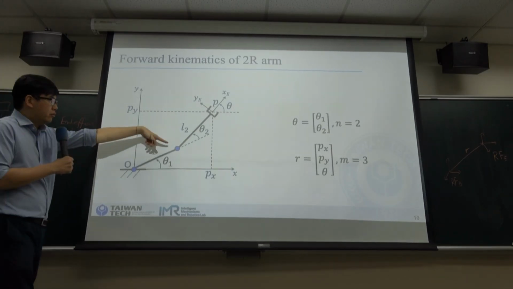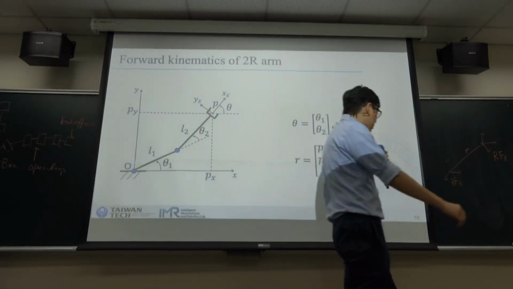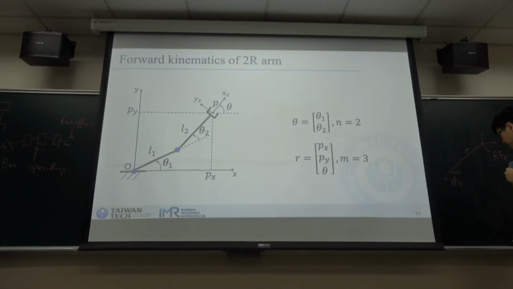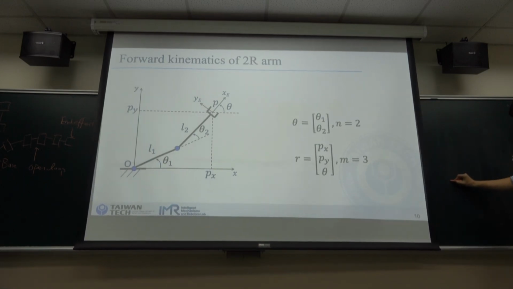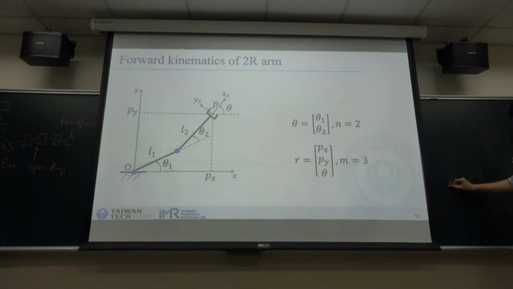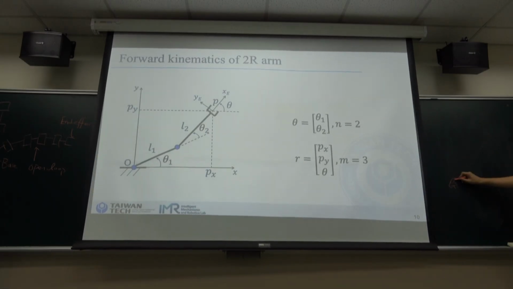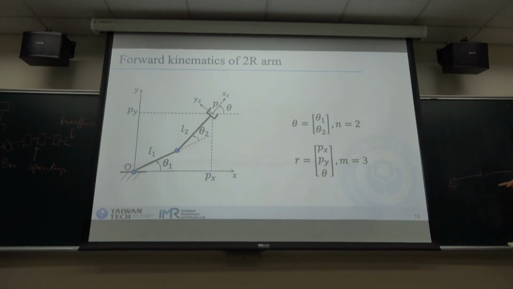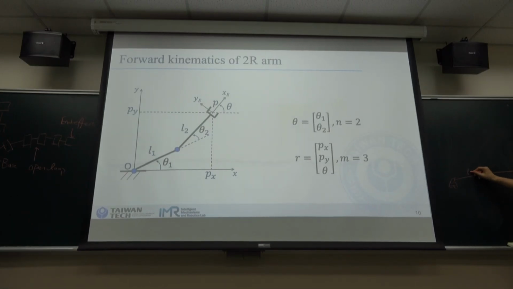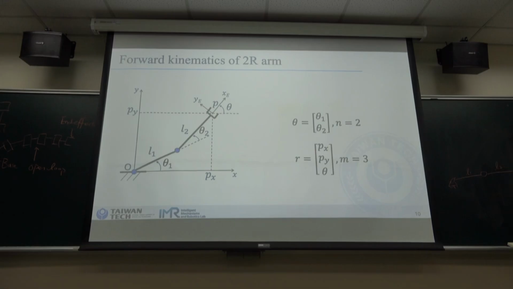If we have a two-link robot, maybe we can have the zero configuration here. This is length 1 and length 2.